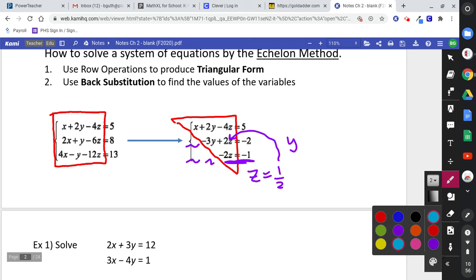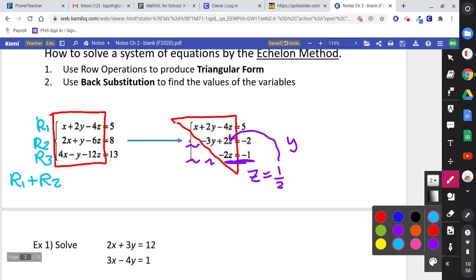Look at this as being row 1, and this equation is row 2, and this equation is row 3. All right. Think about if I said I want to do row 1 plus row 2. All I do is add the corresponding parts.